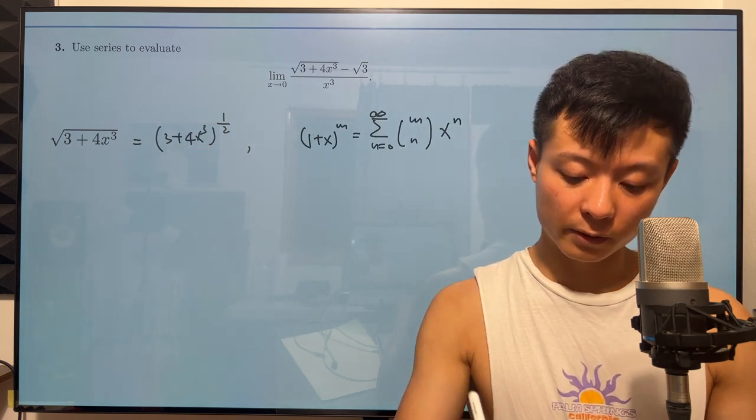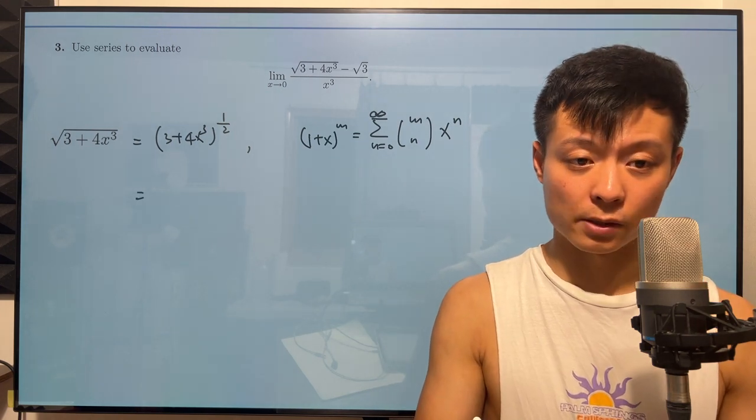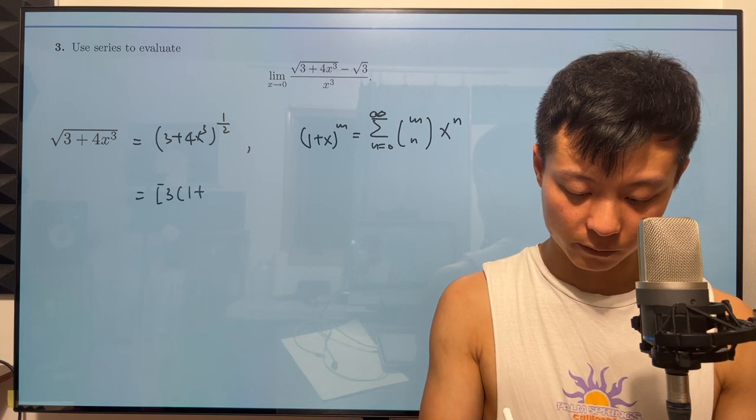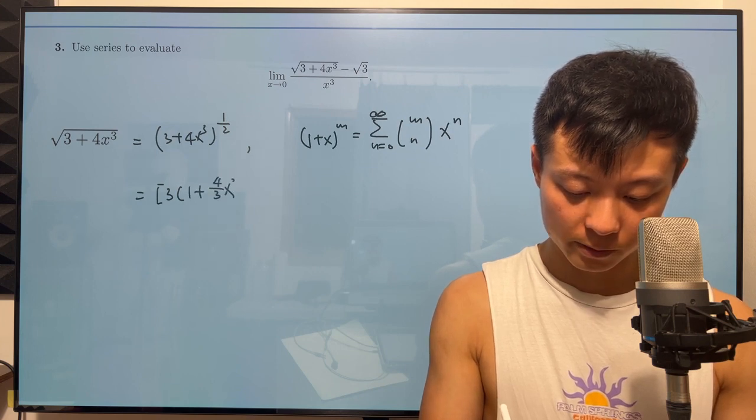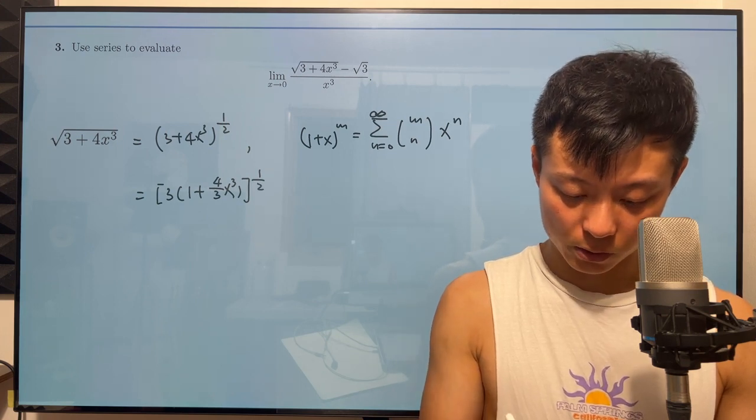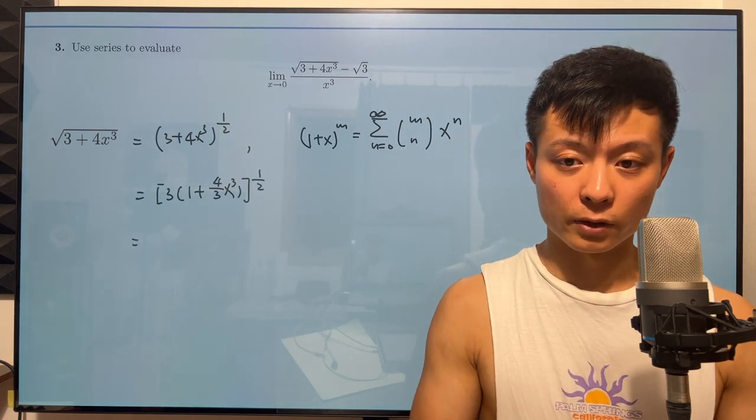So let's make up a 1 by using factorization. Factor this 3 out, we're going to have (1 plus 4/3 x cubed) raised to the power 1/2. And then we distribute that 1/2 over the product.